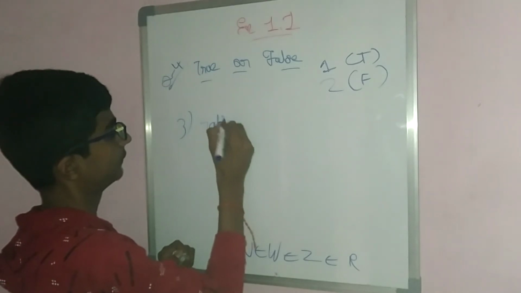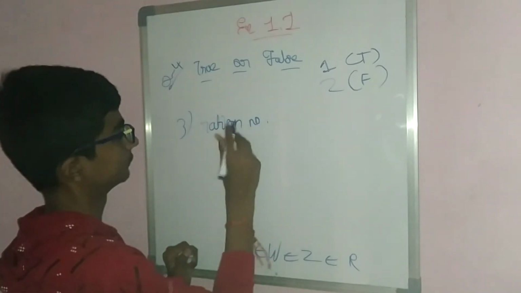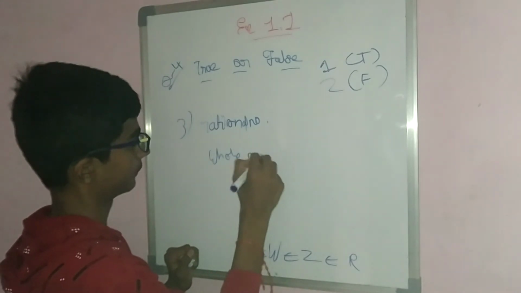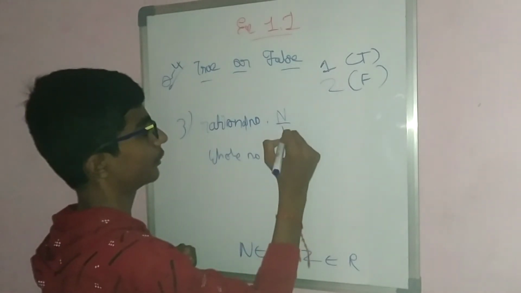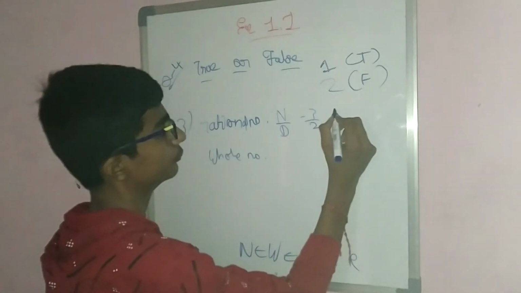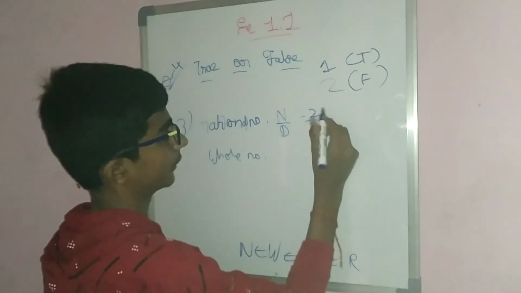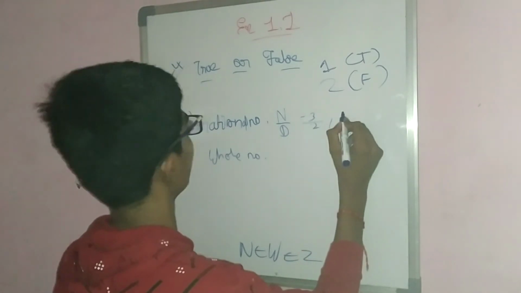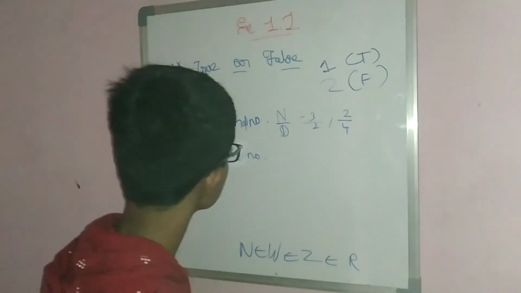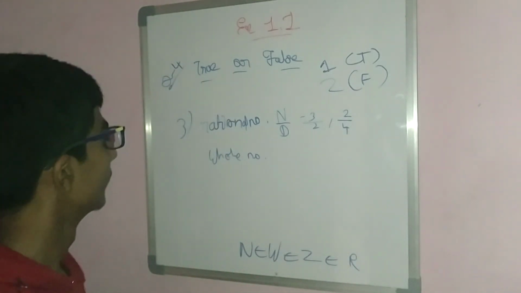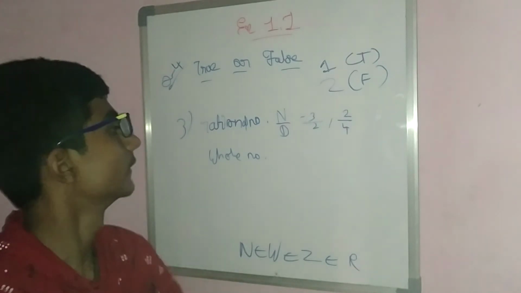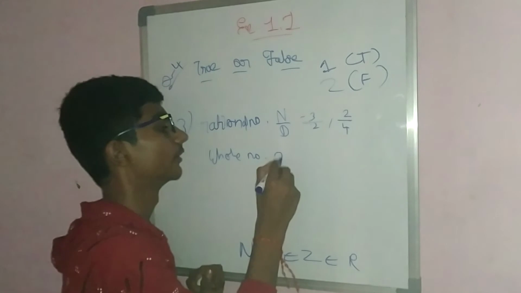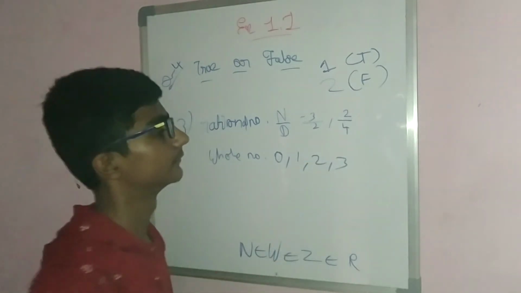So we have been given rational numbers and whole numbers. Rational numbers are in numerator upon denominator form, like -3 upon 2, and then upon 4. Sorry for the handwriting guys, I'm in a hurry. So now let's take whole numbers. Again we are going to write 0, 1, 2 and 3.